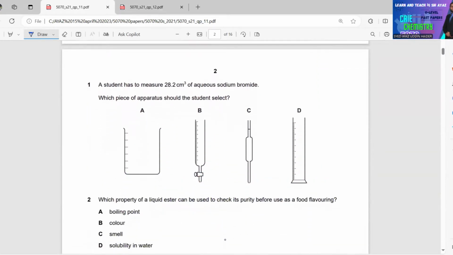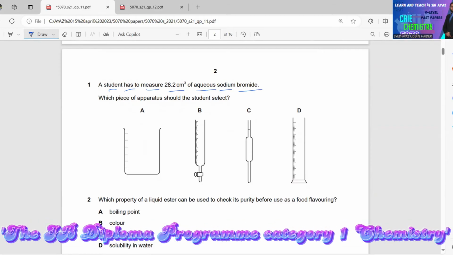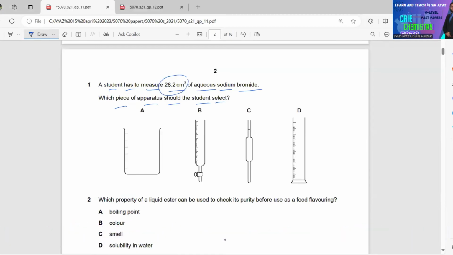A student has to measure 28.2 centimeter cube of aqueous sodium bromide. Which piece of apparatus should the student select? If you look at the volume, it's mentioned of high accuracy, 28.2 centimeter cube. You can't take beaker.